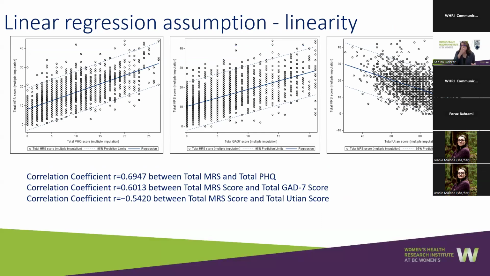So how are we going to check linear regression assumptions? I actually ran regression for our outcome for each of the scores and plotted the outcome of the regression.